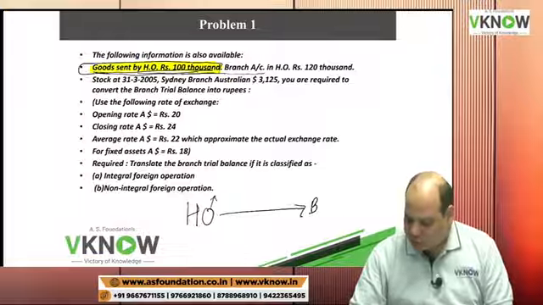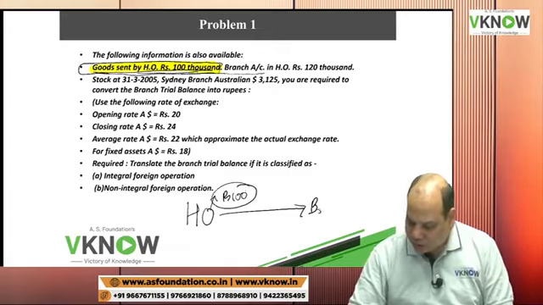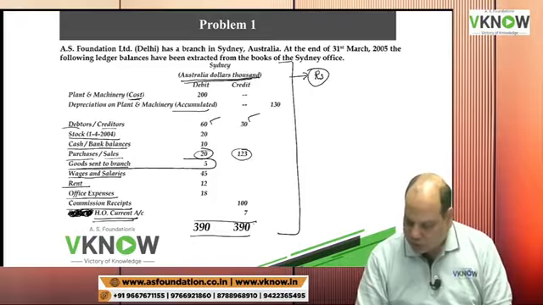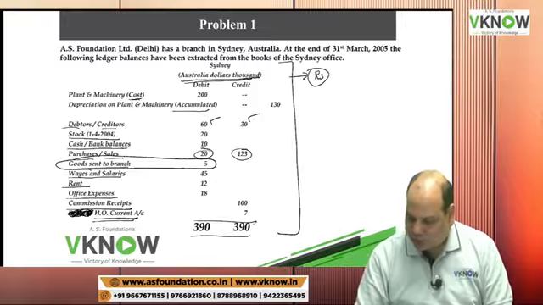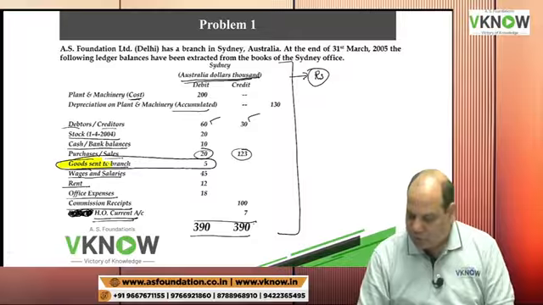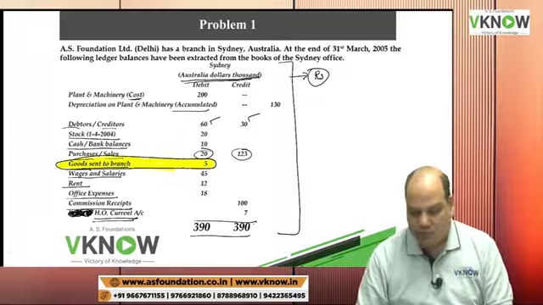In the books of head office, rupees 100,000 is appearing. And in the books of the branch, let us see in the trial balance what is appearing. Goods sent to branch, here $5 is appearing. These two are the same item.